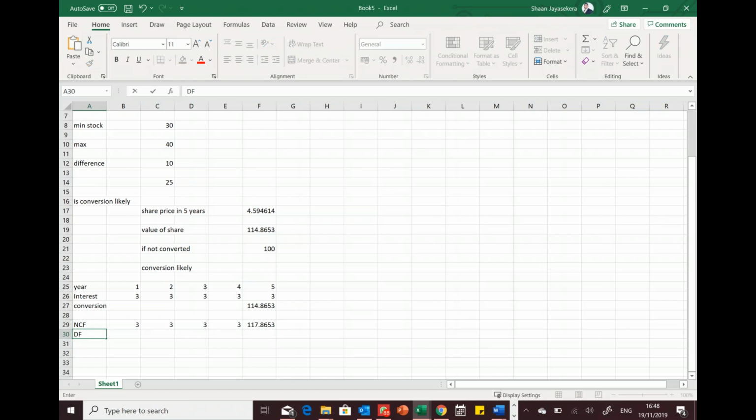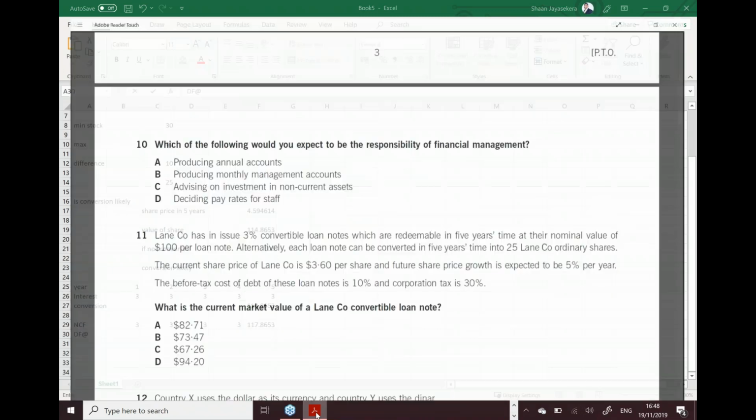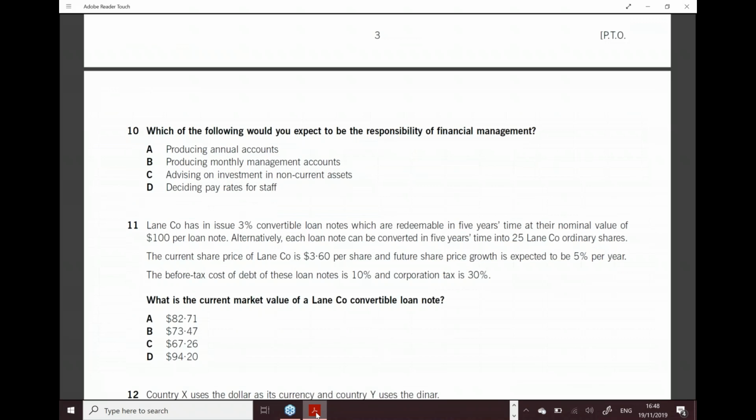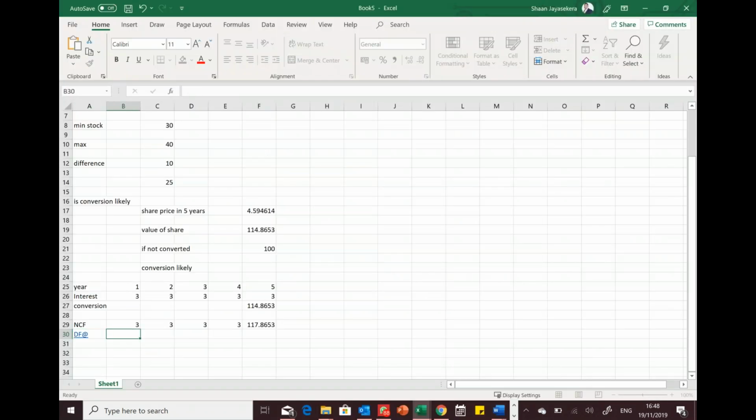Your discount factor at, now, what's the rate of return investors are demanding on similar risk investments? The answer is, the pre-tax cost of debt on these loans is 10%. So the investors are demanding a rate of return of 10% on this. So I can discount this at 10%.